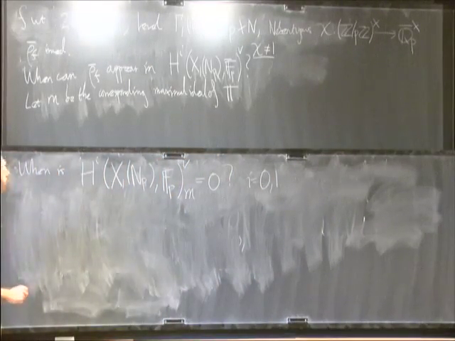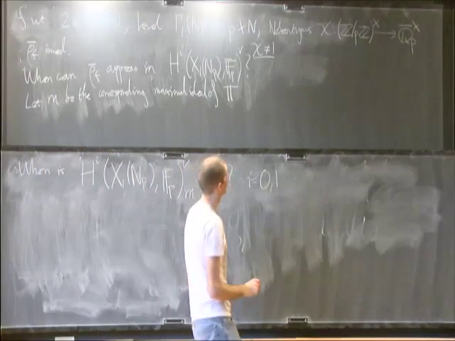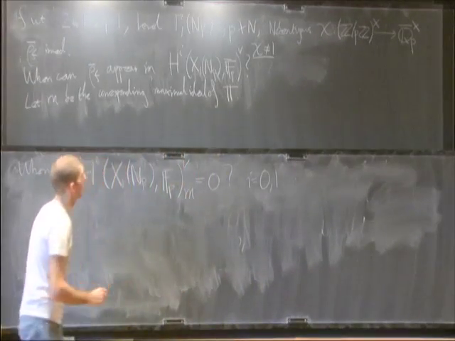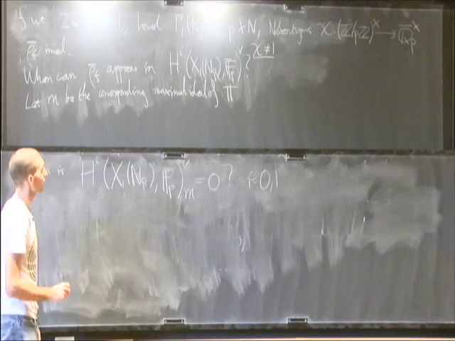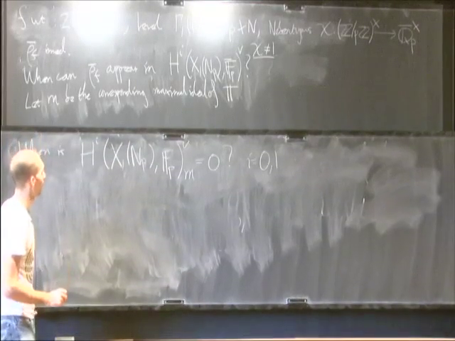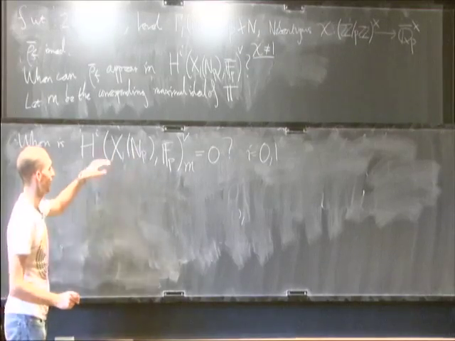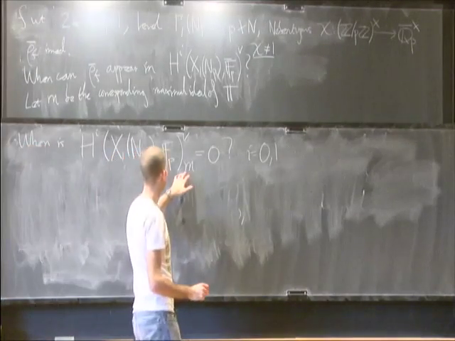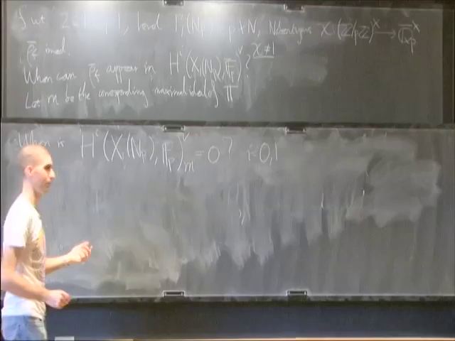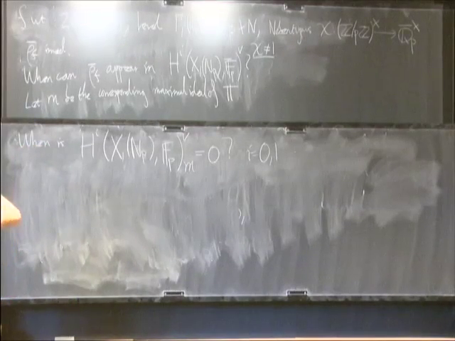Well, because I've chosen my Nebentypus character to be non-trivial, in fact this part of the cohomology is only showing up in the parts where there's potentially good reduction, not just potentially semi-stable reduction.